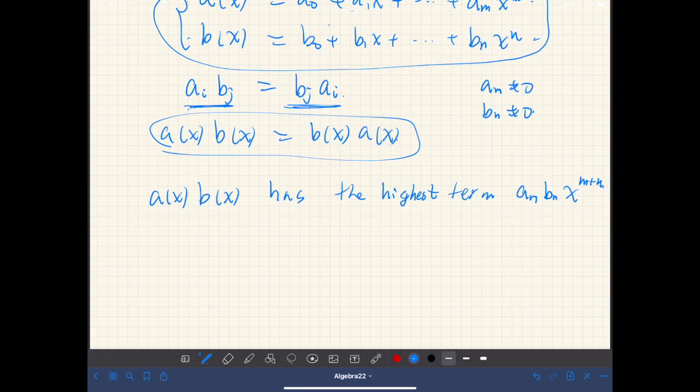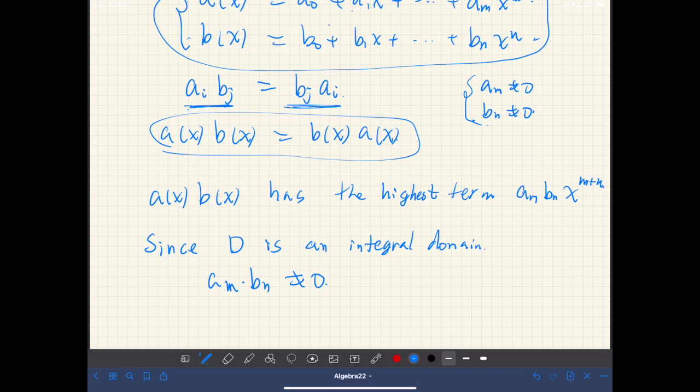And since D is an integral domain, and we're assuming a_m and b_n are non-zero, a_m times b_n is non-zero. D doesn't have proper divisors of 0, so this cannot be 0.